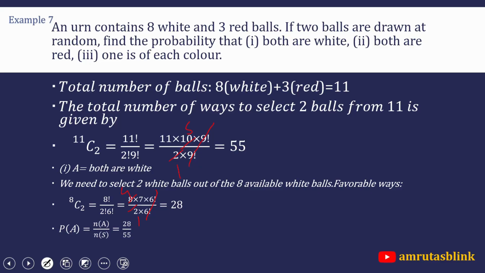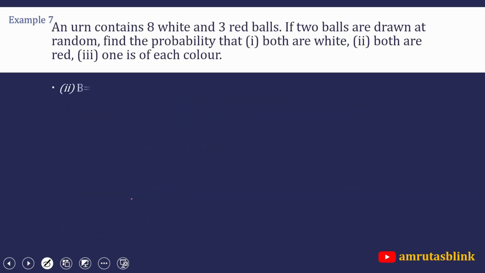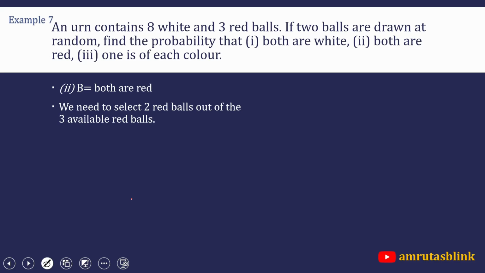Let's move to second case, that is both are red. Now how many red balls are there? There are 3 red balls. So we need to select 2 red balls out of all available 3 red balls. So how many favorable ways are there now? That is 3C2, which is equal to 3 factorial upon 1 factorial into 2 factorial, that is 3 into 2 factorial upon 2 factorial. 2 factorial will get cancelled and hence it is equal to 3.